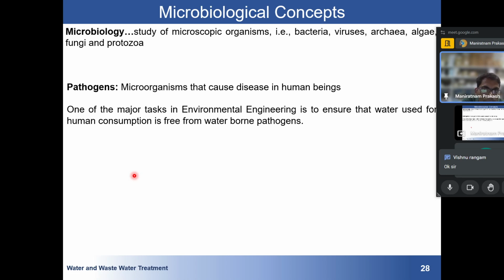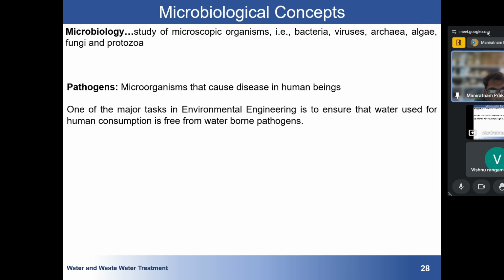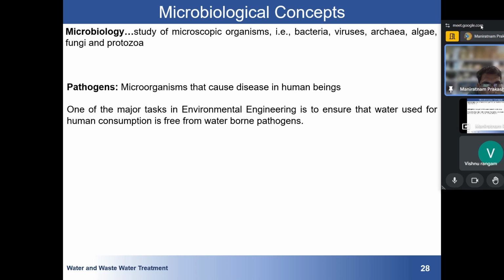Before going to what this MPN is, I will give a brief discussion about it. If you have any doubt or question, you can write it in the chat box, or I can continue with this microbiological concept. Okay, so I will continue with the microbiological concept.